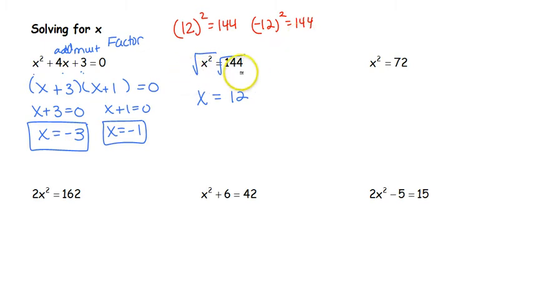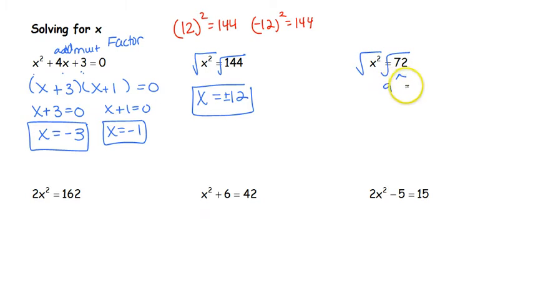So when you solve this kind of setup, if you're solving for an x squared and just a number, you can't forget that plus or minus sign. Very, very important, because that positive negative, we don't know if it was positive or negative because we're squaring it. Same thing here. We square root each side. Unfortunately, 72 is not a perfect square the way the first one was, so we have to break it down.